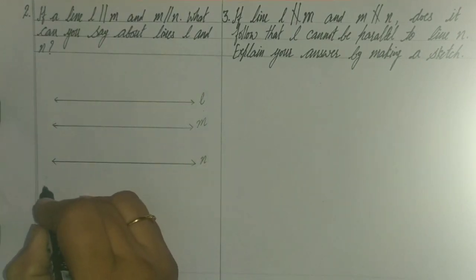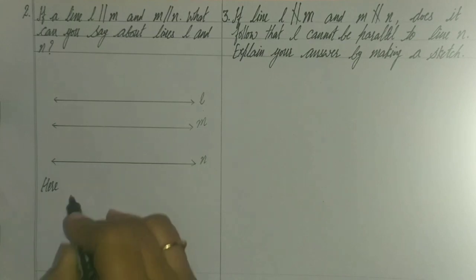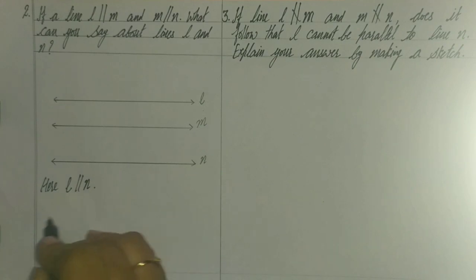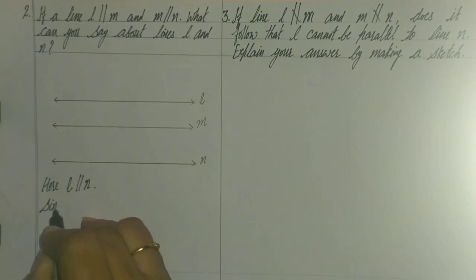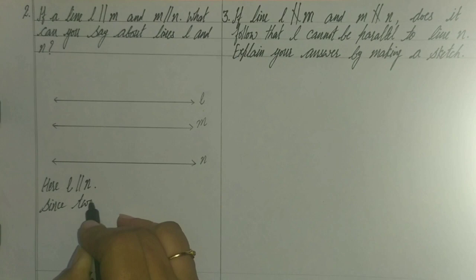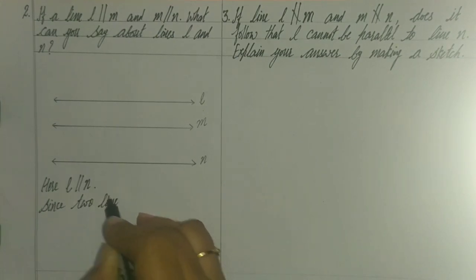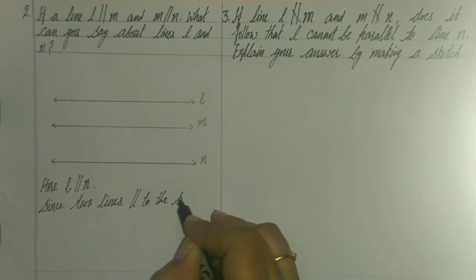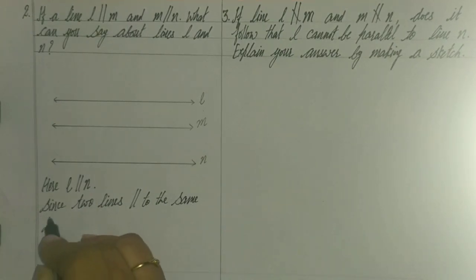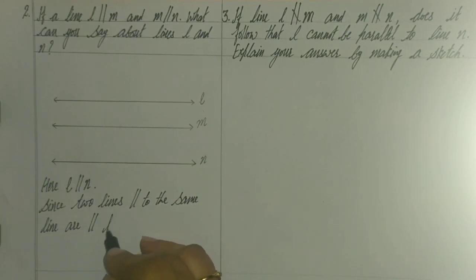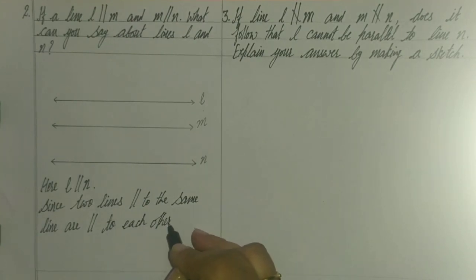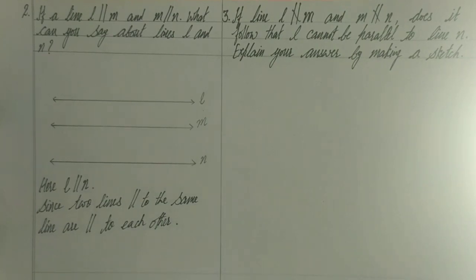So here L is also parallel to line N, since two lines parallel to the same line are parallel to each other.